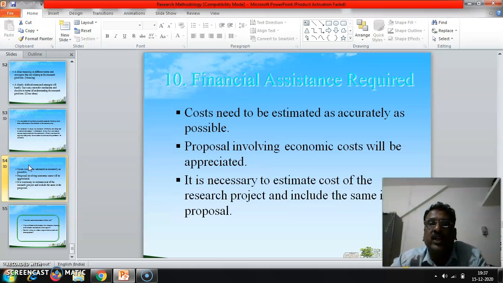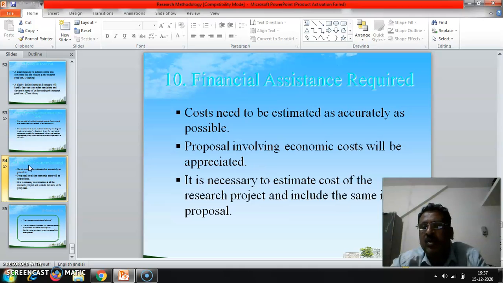So costs need to be estimated as accurately as possible. Before conducting the survey, you have to decide how much amount is required for the study, either for the purchase of stationery or for providing services like the interview method, face-to-face method or questionnaire.